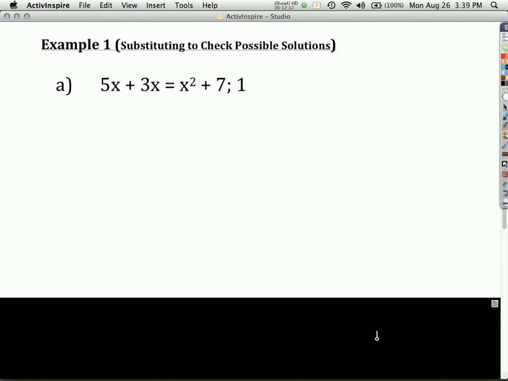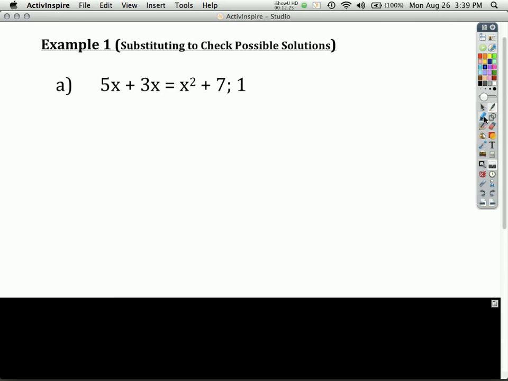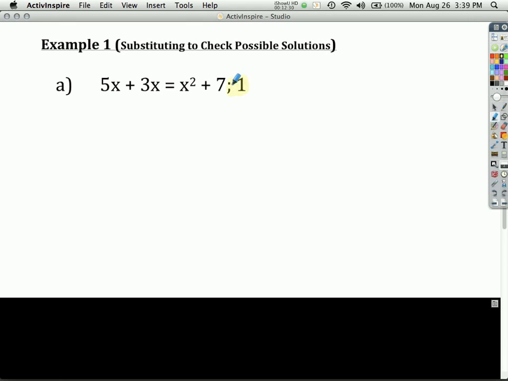So example 1, part A. We have the equation 5x plus 3x equals x squared plus 7. And then we are given this piece of information right here. This is not part of the equation.